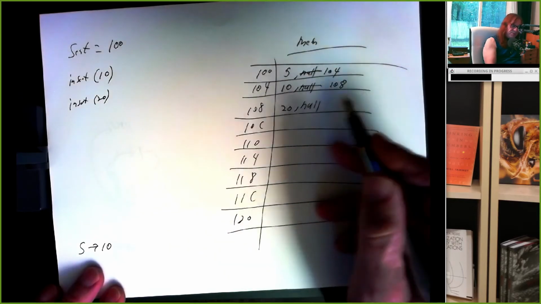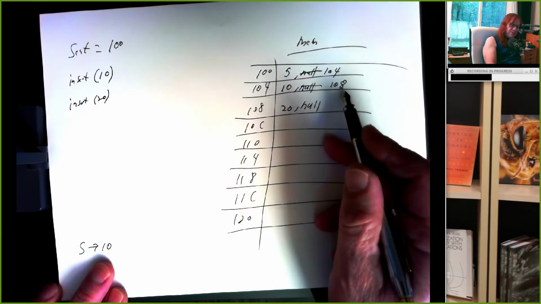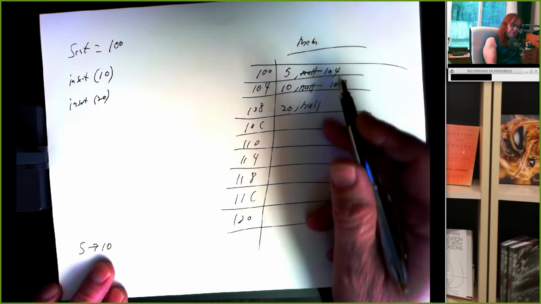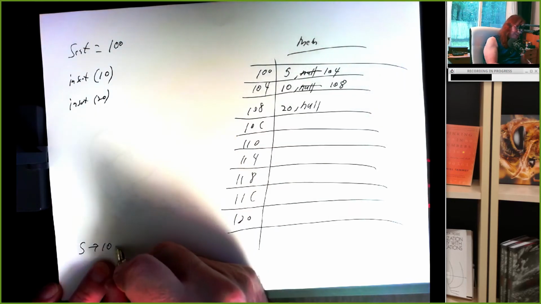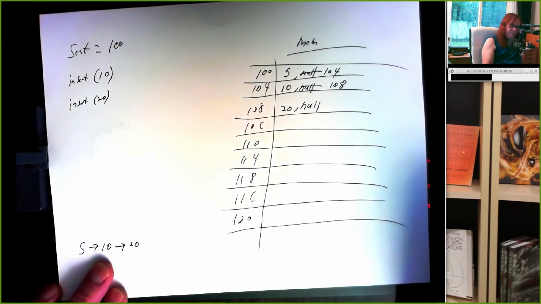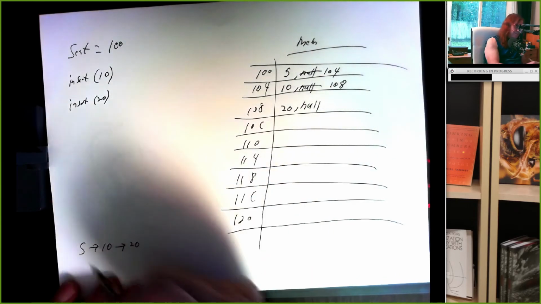So our sentinel points to location 104, which has the 10. That node points to 108, which is a 20. And 20 points to null, so that's the end of the list.